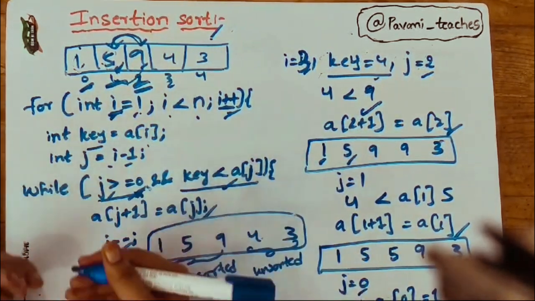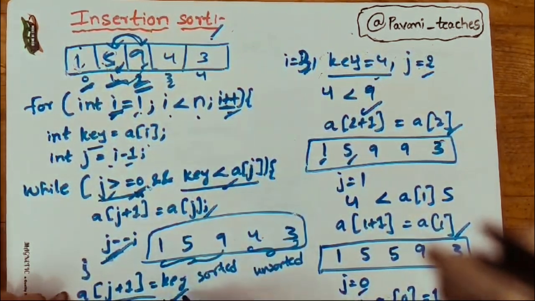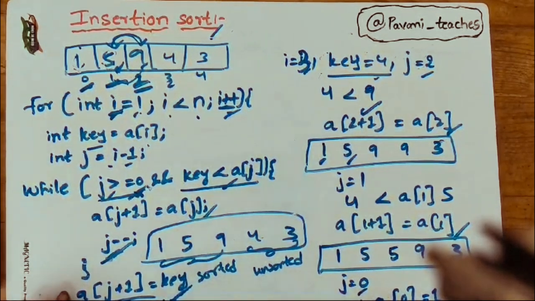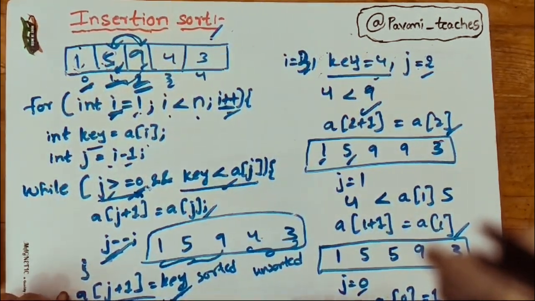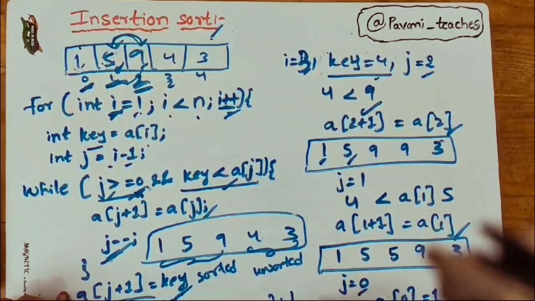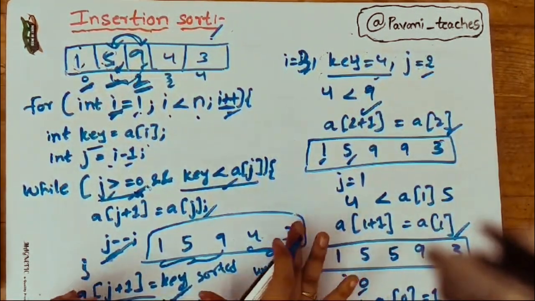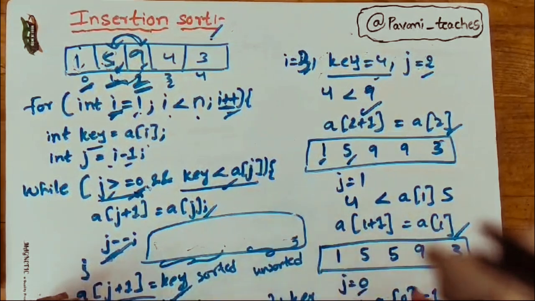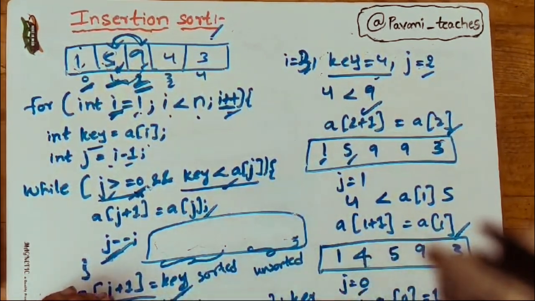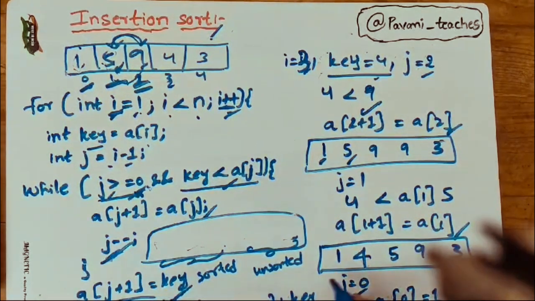So it will come out of the while loop and execute this operation, that is, a of 0 plus 1 equal to key. That means a of 1 will be equal to 4. After performing all these operations, the new array will be 1, 4, 5, 9, 3. Okay, this will be the final array after assigning a of 1 equal to 4.